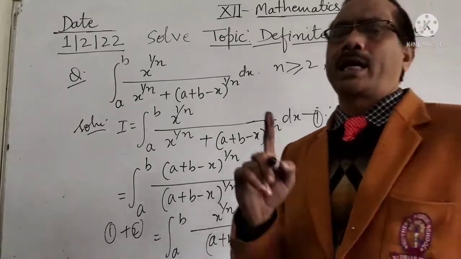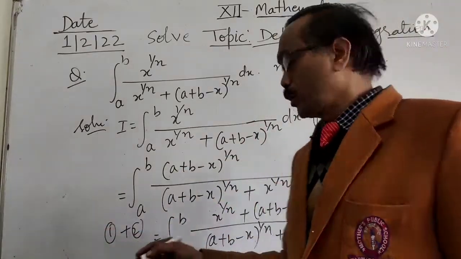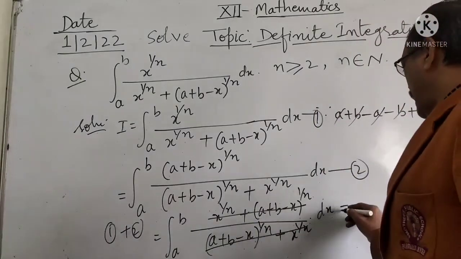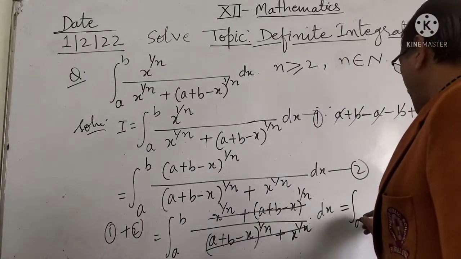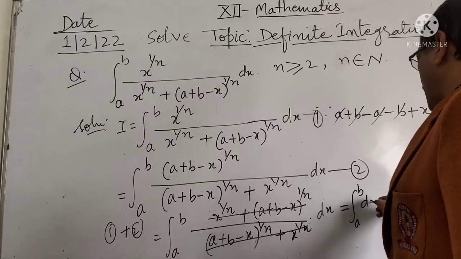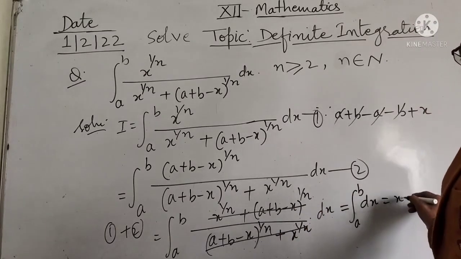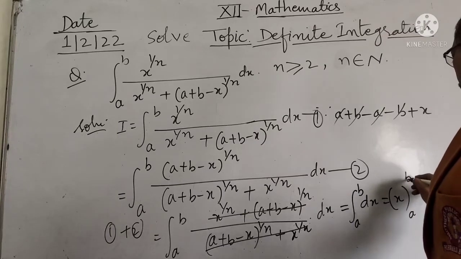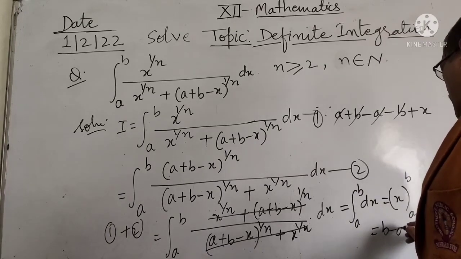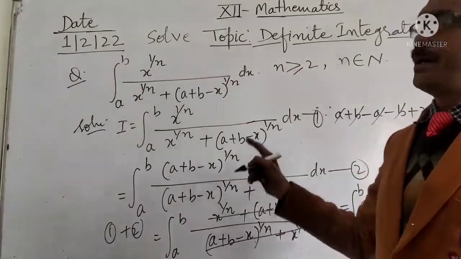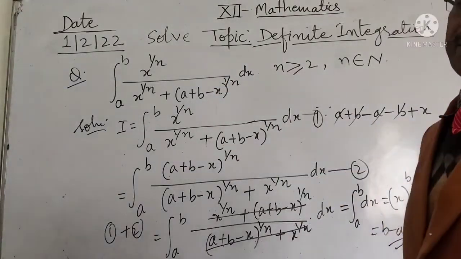Since numerator and denominator are equal, they cancel out, and it is a to b dx. Integration of dx is x, limit of integration a to b, so it is b minus a. The value of this integration is b minus a, upper limit minus lower limit.